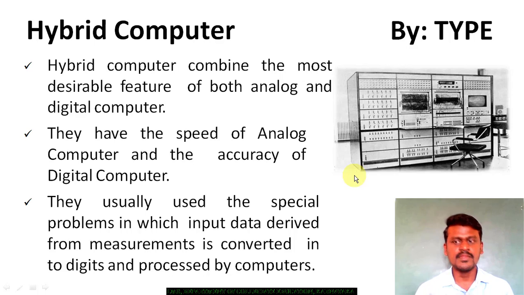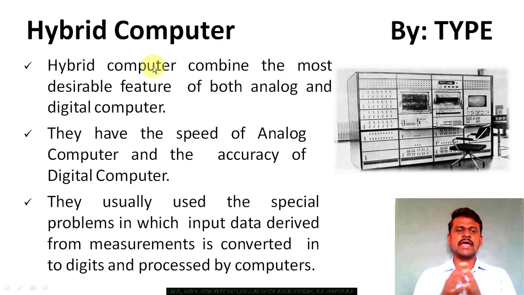Next one, hybrid type. The word hybrid itself depicts that it is a combination of both analog and digital computers. You can say hybrid computers are just a combination of analog and digital computers. The first point says that hybrid computers combine the most desirable features of both analog and digital computers. How are they combined?